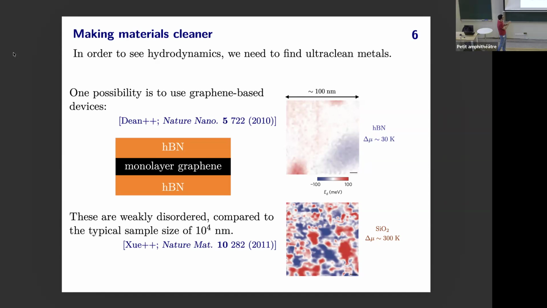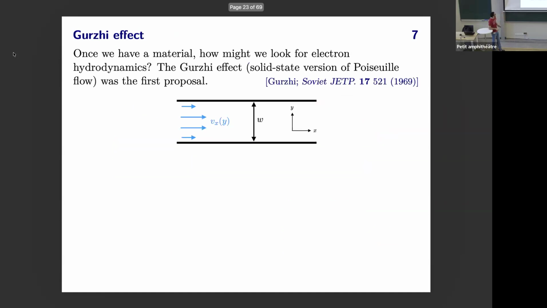When you image the charge puddles in the old versus newer samples of graphene, you can see orders of magnitude improvement, both in the length scales over which the system looks homogeneous and in the amplitude of the charge puddles. So this is, on the material side, in a nutshell, what made hydrodynamics possible to observe.